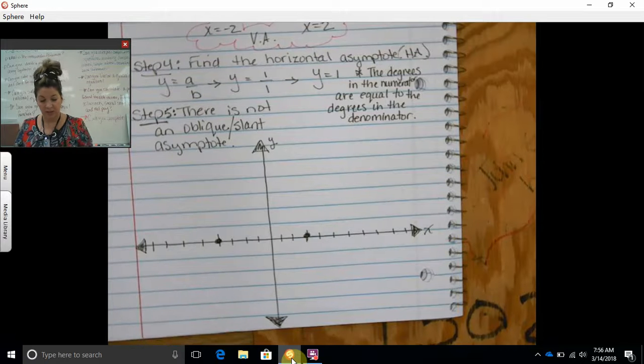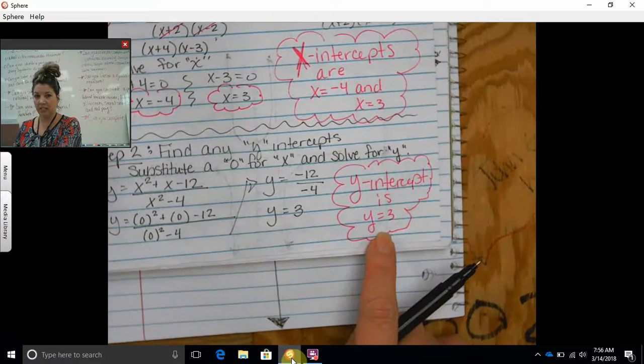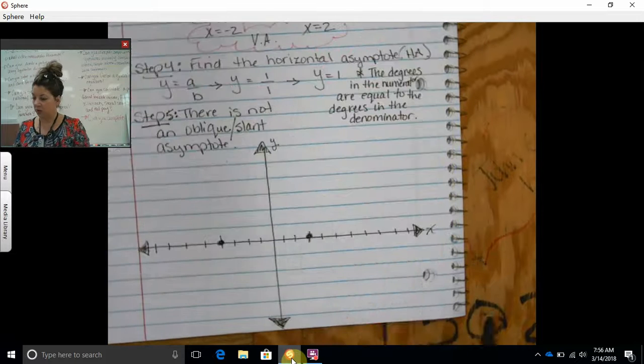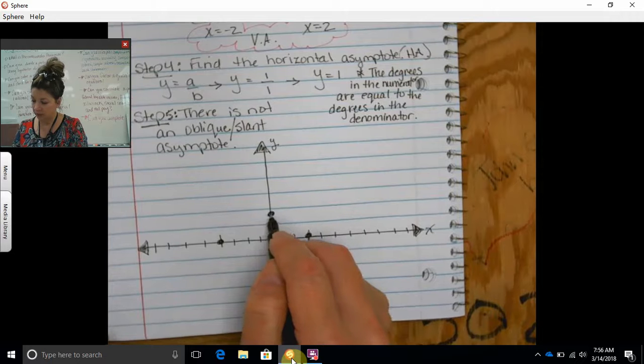Step 2, I found that we had only one y-intercept, and it was at +3. So on the y-axis, I will plot a point at +3.